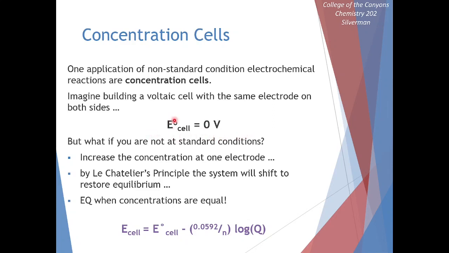We'll have a standard cell potential of exactly 0, but we can force this reaction to happen. We can force this to have a positive voltage if we're not at standard conditions. At standard conditions, this won't work, but at non-standard conditions, we can build a battery using the same half reaction on both sides.